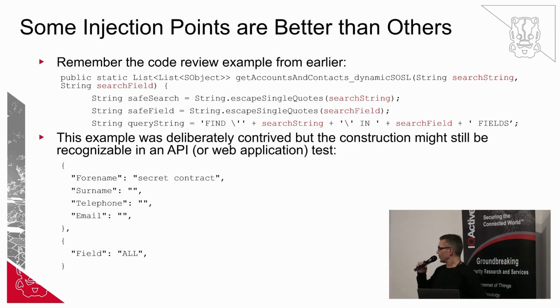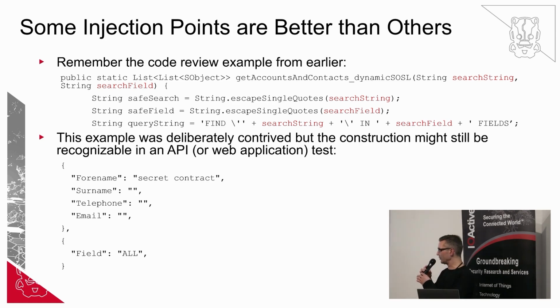Again, as I've said earlier, some injection points are better than others. That counterintuitive example I gave earlier is deliberately contrived, and you might not find something exactly like that in a test situation.